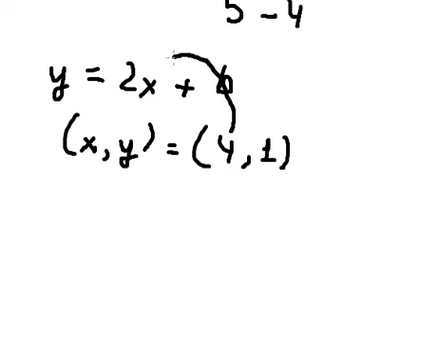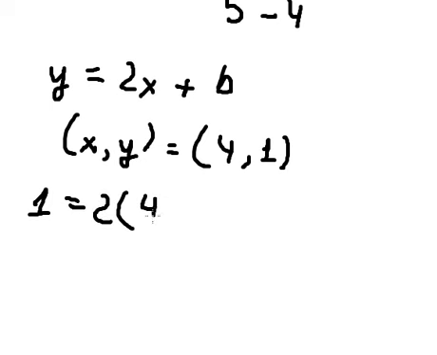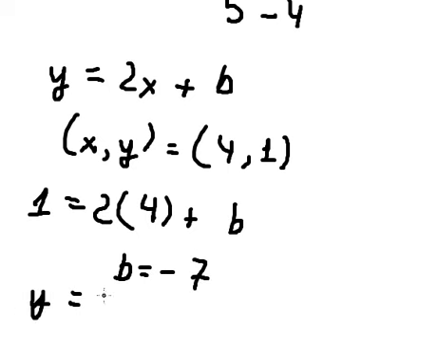So I will put 4 for x here, 1 for y here. So we can find the value of b. So we have 8, 1 minus 8, we have negative 7. So this one we have y equals 2x minus 7.